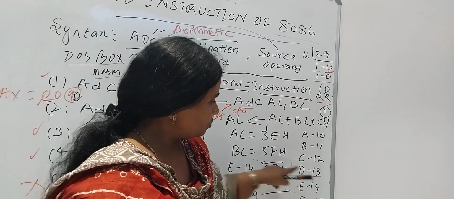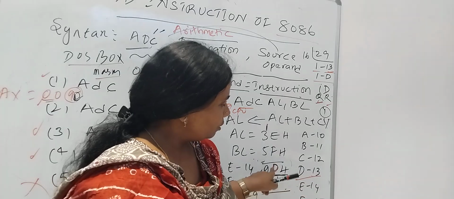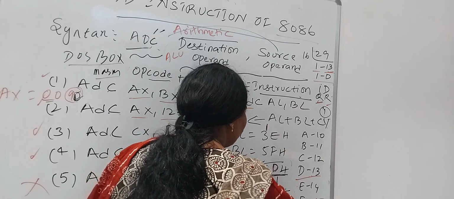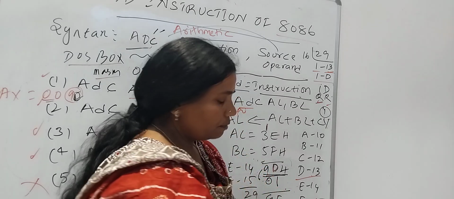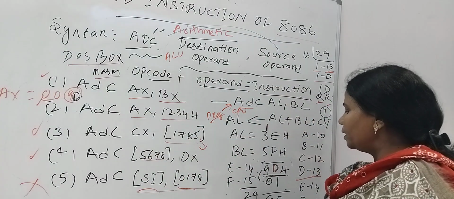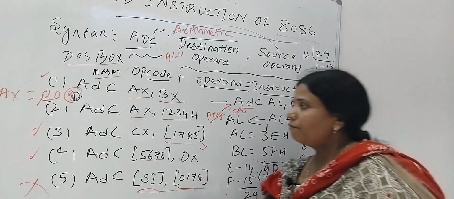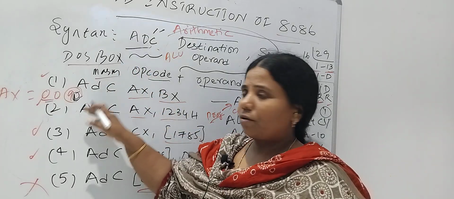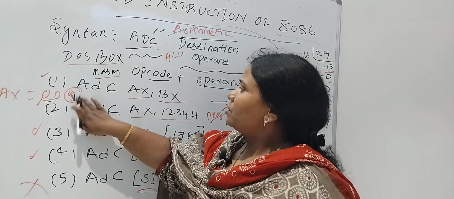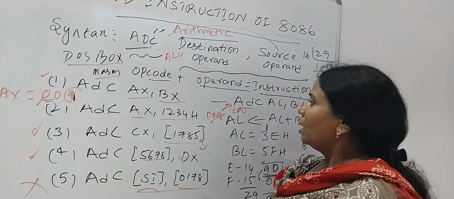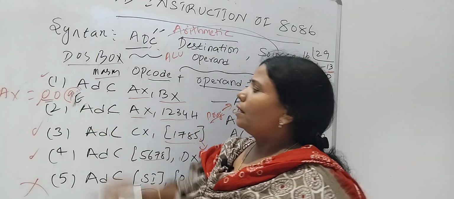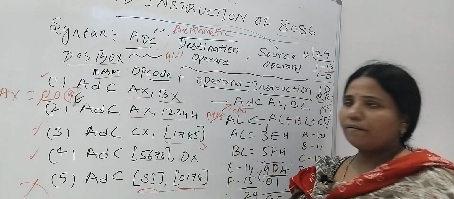D plus 1, D means 13, 13 plus 1 is 14, and 14 is E. So you get 9EH. This 9EH you got in the theoretical way should be loaded in AL. You can verify this in the system using these software tools by writing the program using ADC. In the AL register, earlier you had 9D, now you are going to have 9E.